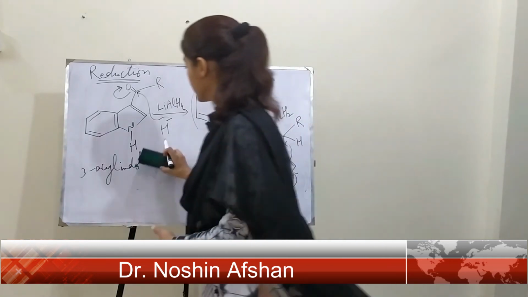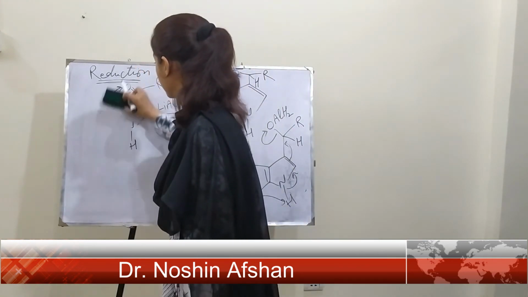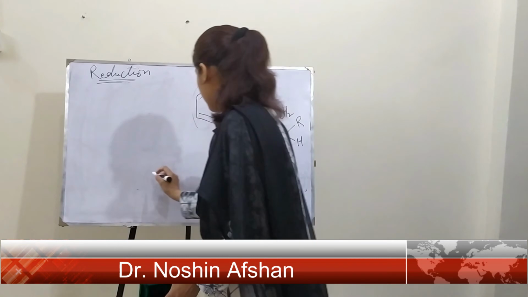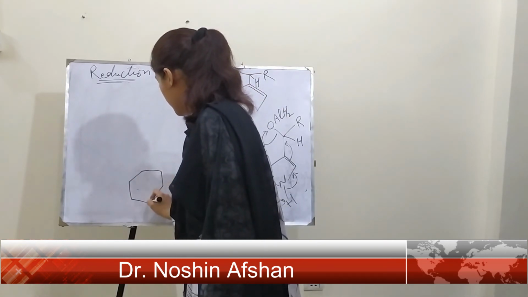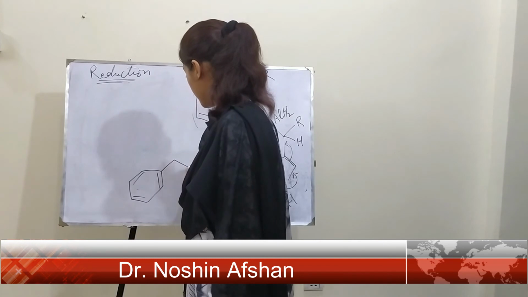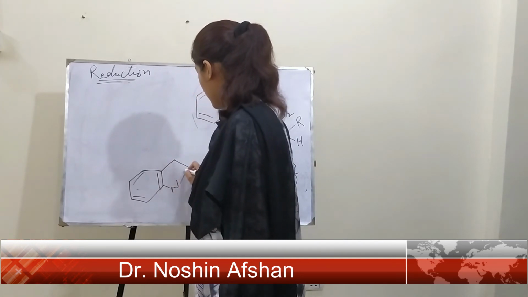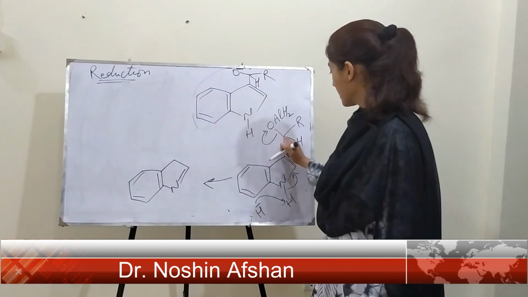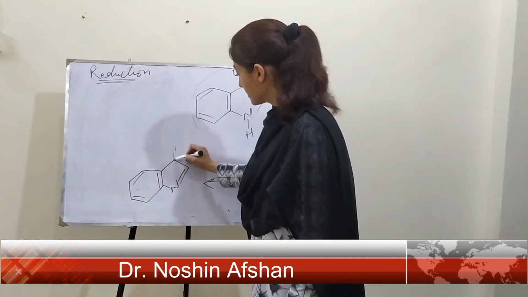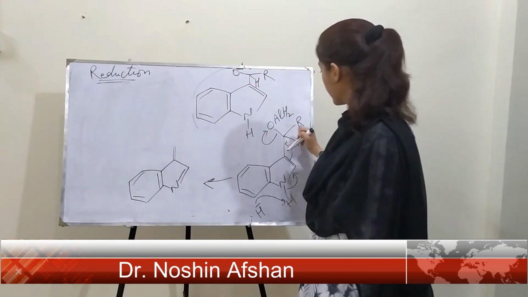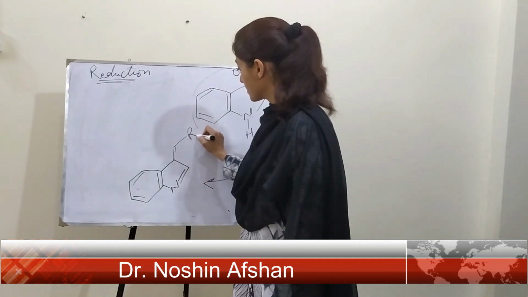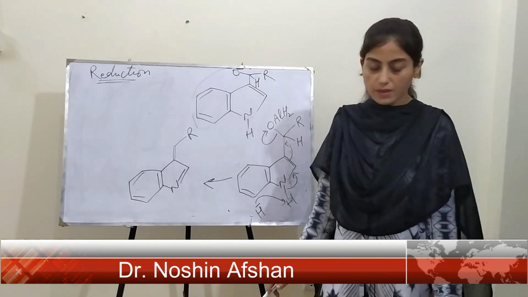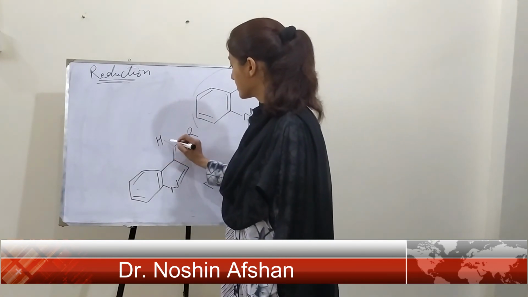We will get a nitrogen with a double bond at this position, then a double bond over here, and then R. It is understood that there is one hydrogen over here, or you may also show it like this.